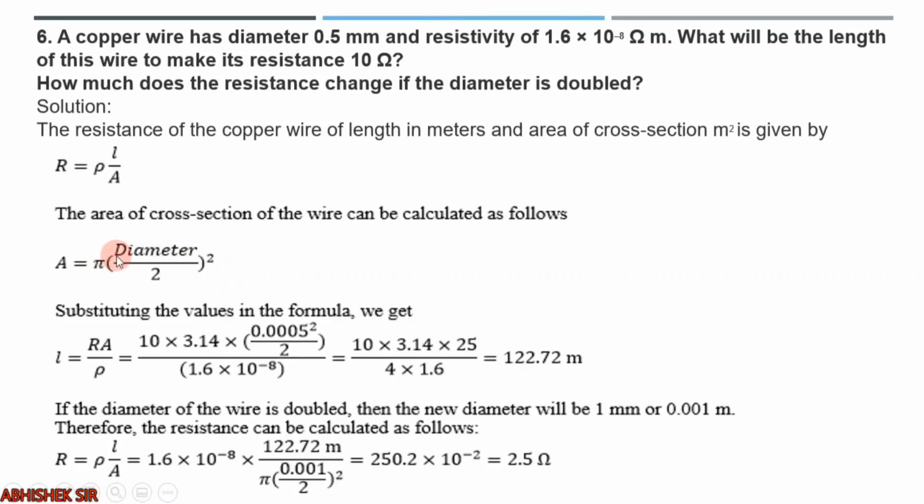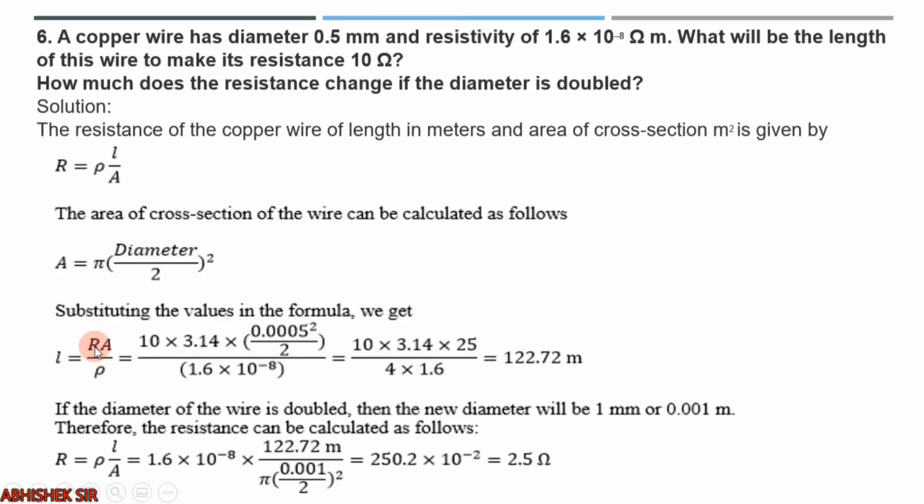So instead of pi r square, we will write pi into d by 2 whole square, because ultimately d by 2 is nothing but the radius, right? Now we have been asked what will be the length. So from this formula, if you make a formula for L, it will be L equals RA upon rho.